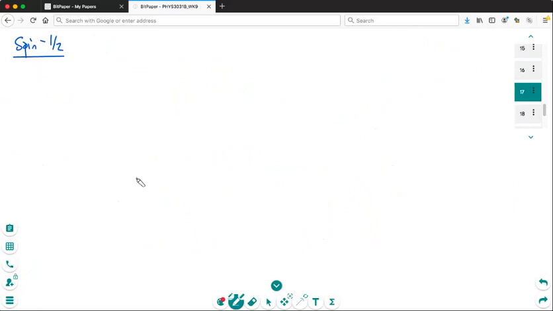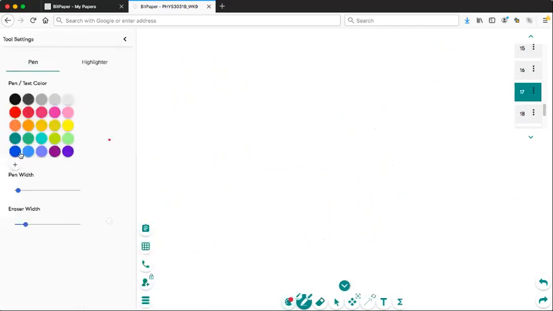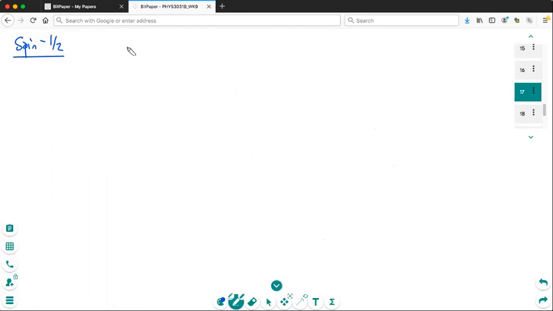Okay, so I'm going to present this problem, and then we are going to take a break, and we are going to look at this problem carefully. So this is a paramagnet with spin 1/2.